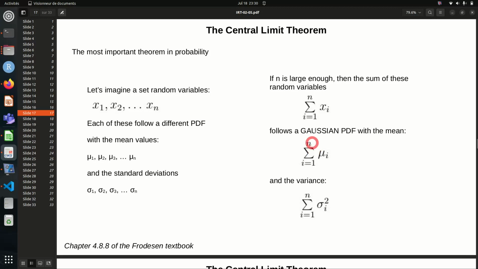The mean value of this PDF is going to be the sum of the mean values, and the variance is going to be the sum of the variances. So you can see also why we defined the variance and the standard deviation, even though the difference is really ridiculous. It's just a square root. It's because here the variance is the sum of the variances.